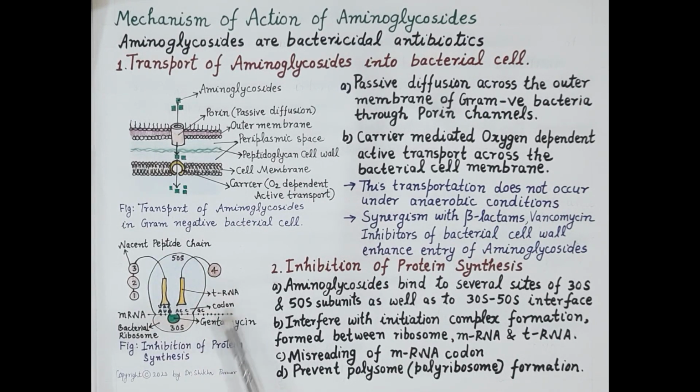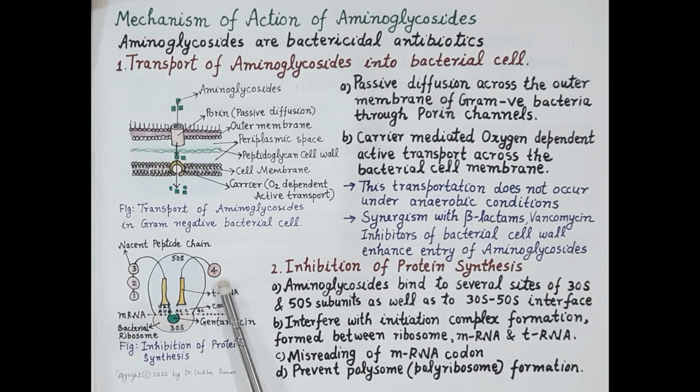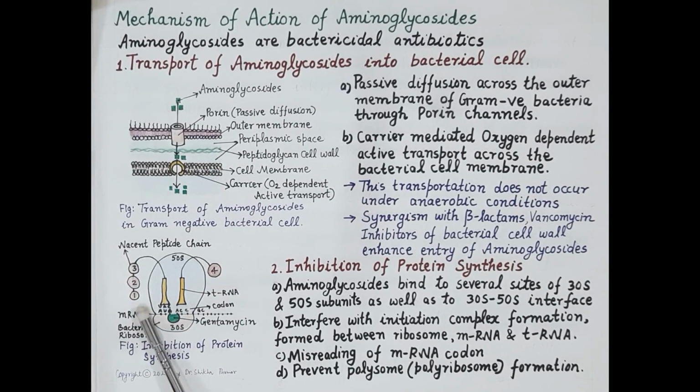So, this alignment is essential. As per the codons on the messenger RNA, a new amino acid is transported to the ribosome, and this new amino acid is added to the nascent peptide chain so that the chain elongates, and finally the required bacterial protein is synthesized.